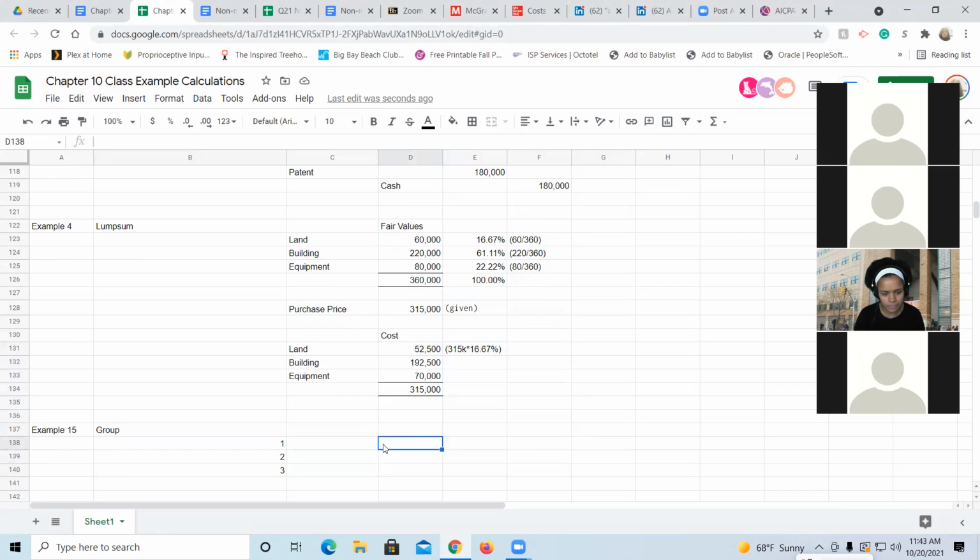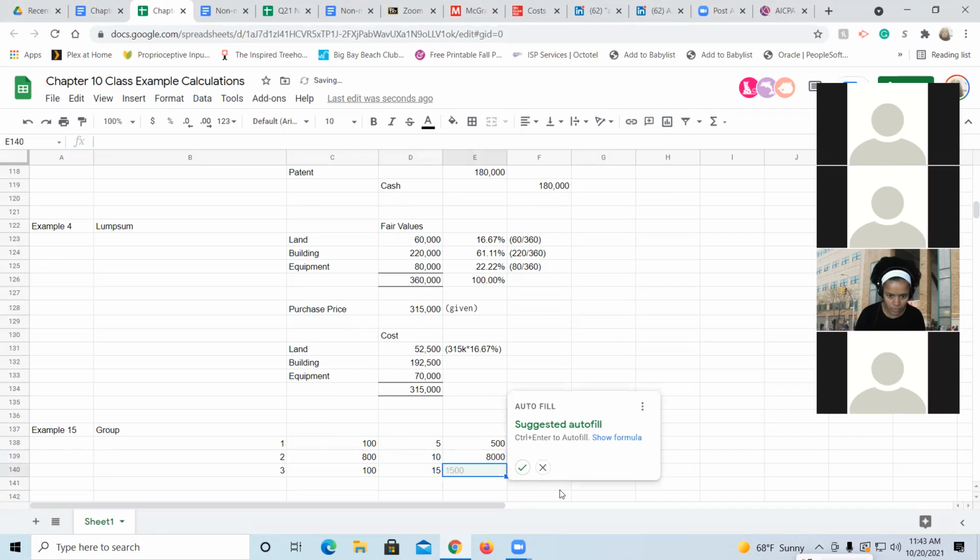So first one, group one is sale value is 100 equal 5, so 500. Then sale value of three groups, I added the three group sales value. So 100 equal to 5, 800 equal to 10, 1000 equal to 15.